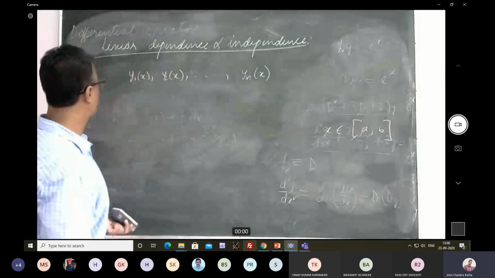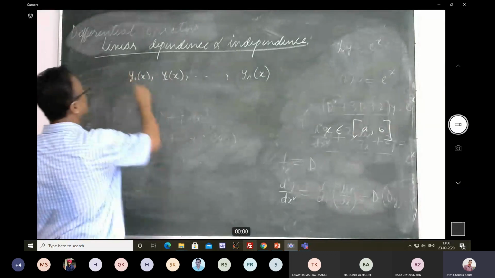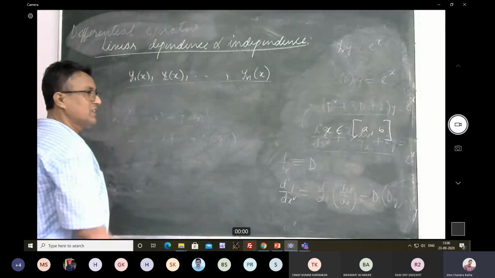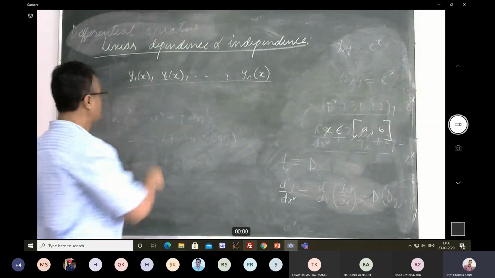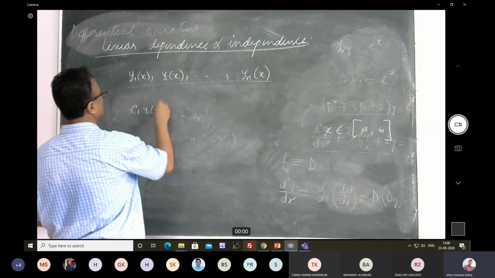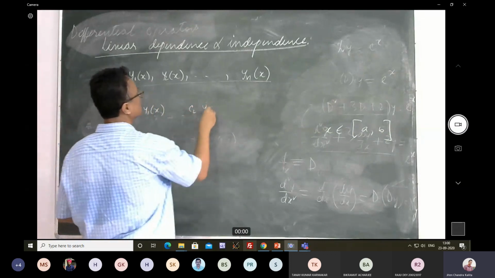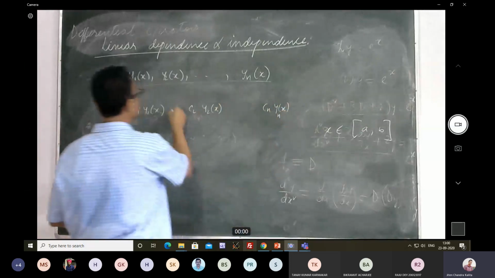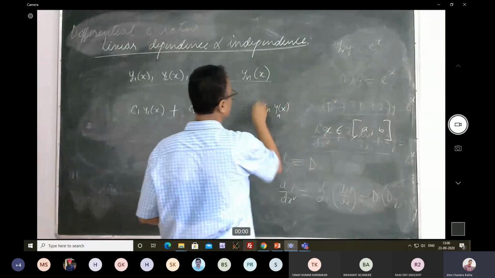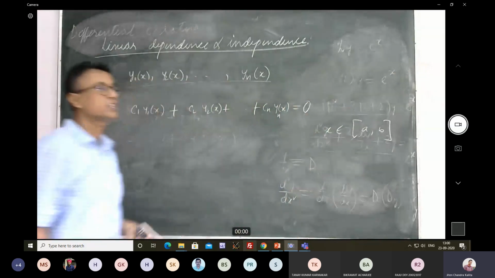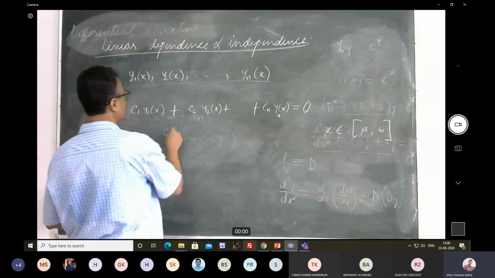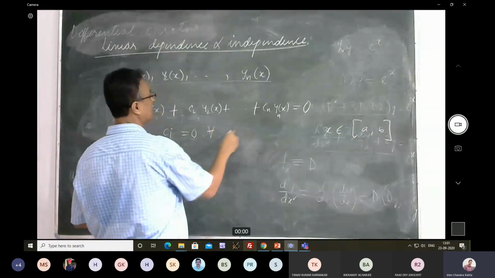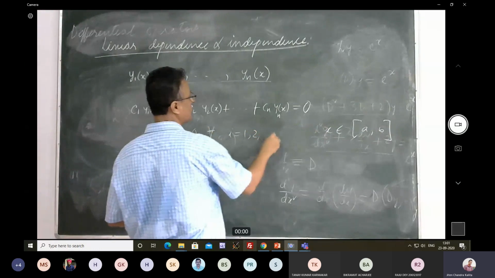They are called linearly independent if there exist scalars C1, C2 up to Cn such that this equation always implies that all those Ci are 0, for i going from 1 to n.